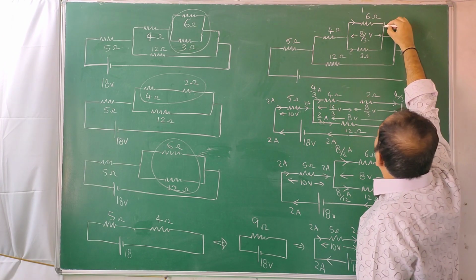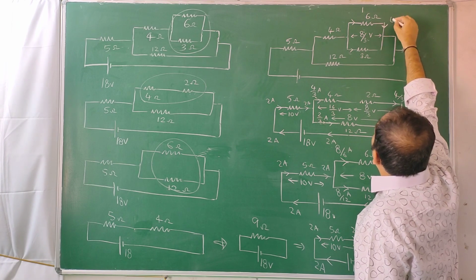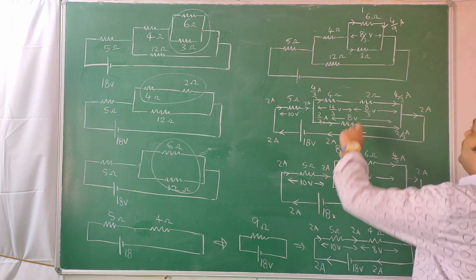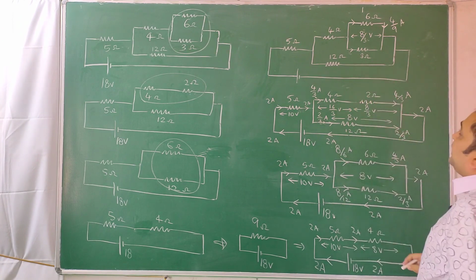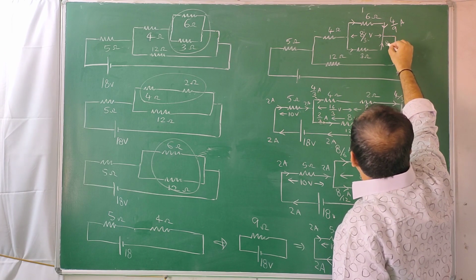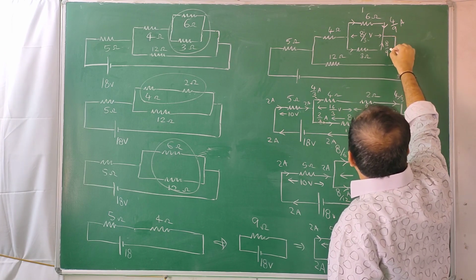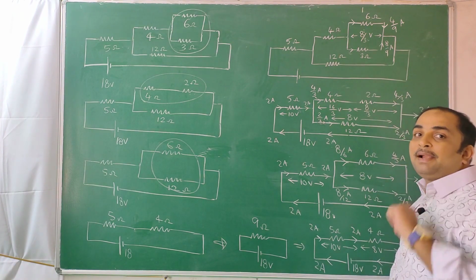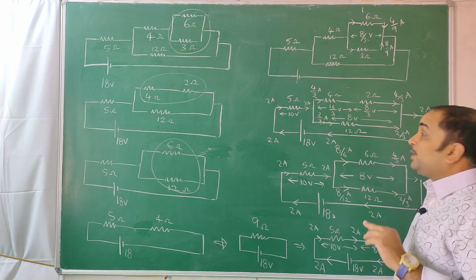So there will be a current of 4 by 9 amperes. Here also 8 by 3 by 3, 8 by 9 amps. 4 by 9 plus 8 by 9, 12 by 9. 12 by 9 is nothing but 4 by 3.